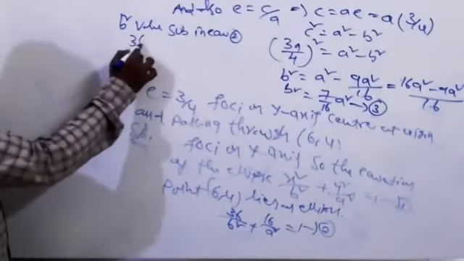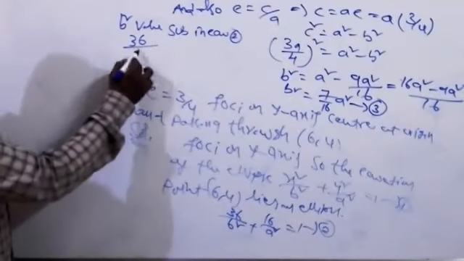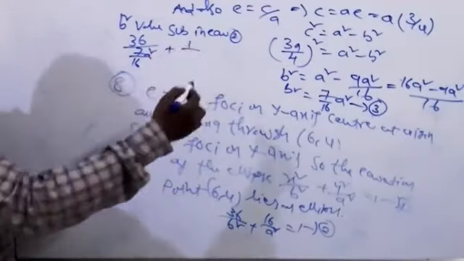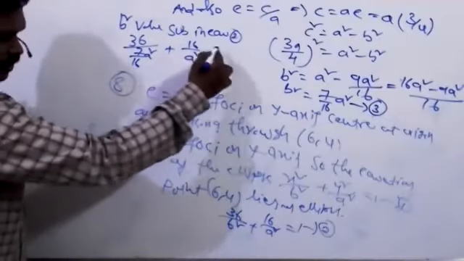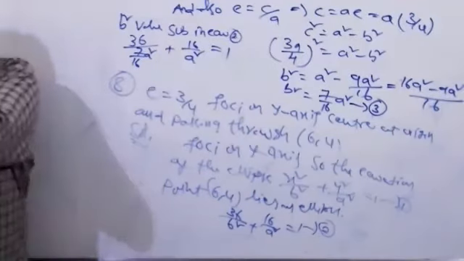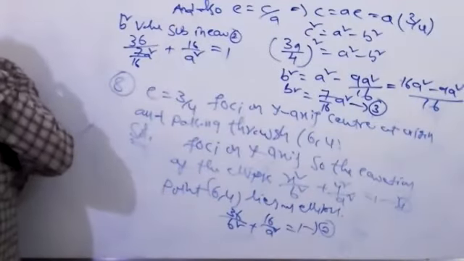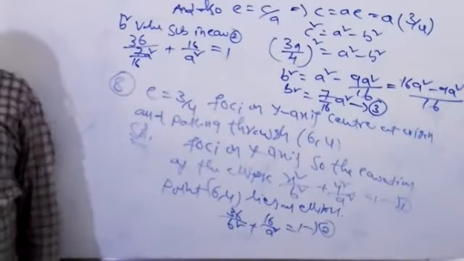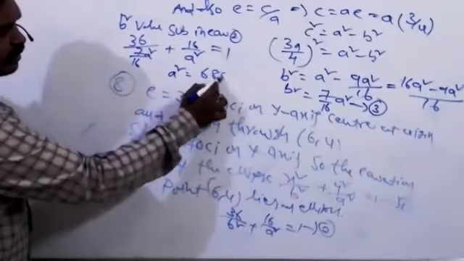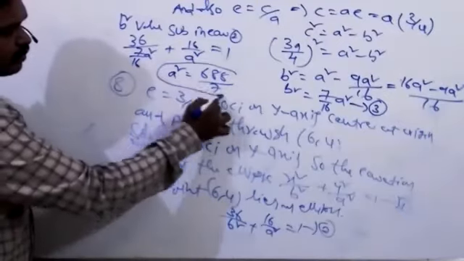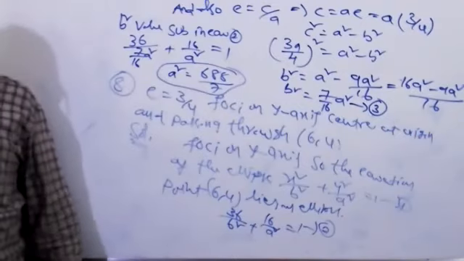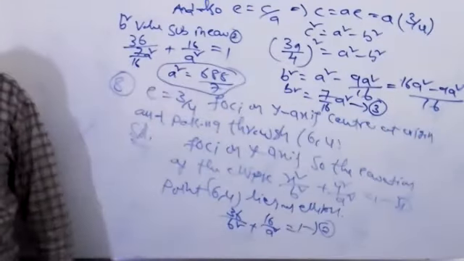Then 36 upon 7a square upon 16 plus 16 upon a square is equal to 1. Then find a square. A square is equal to 688 upon 7.